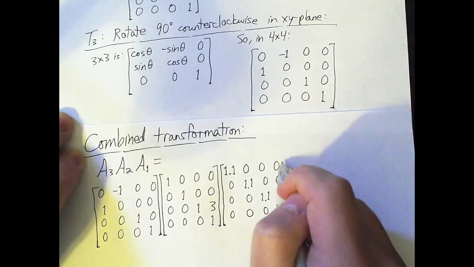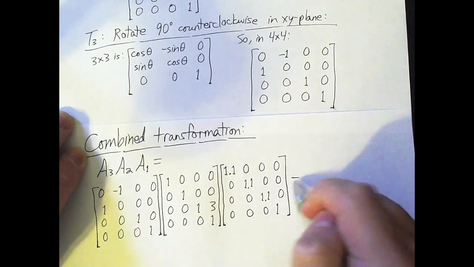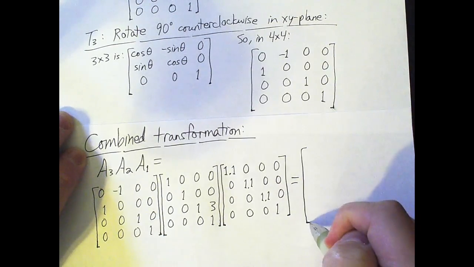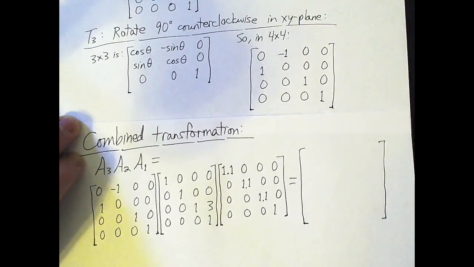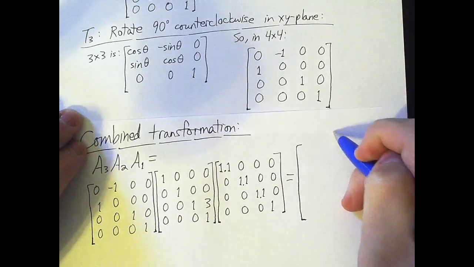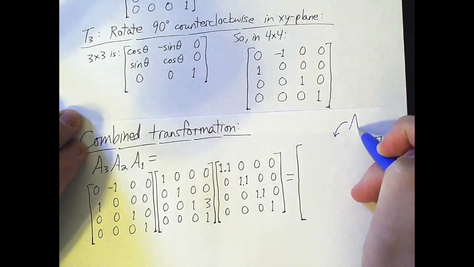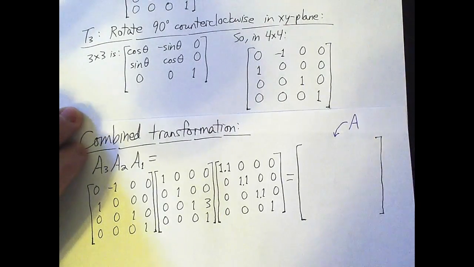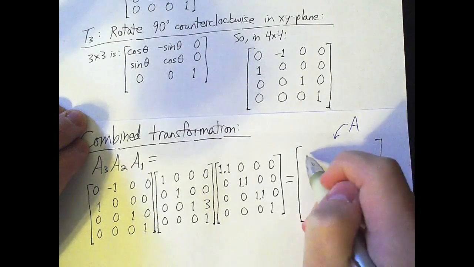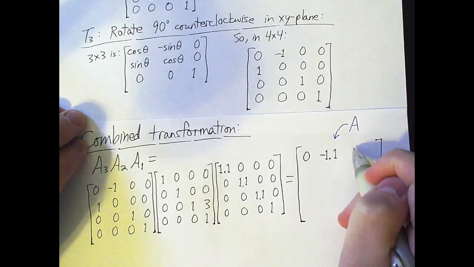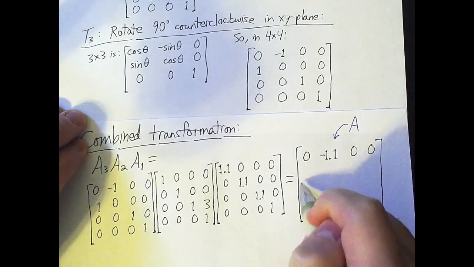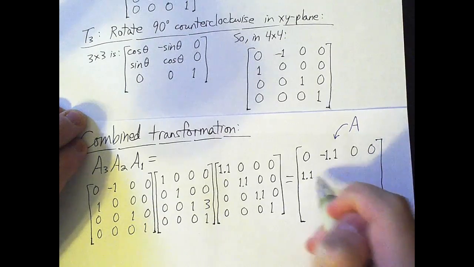All right, these were all of our 4x4 matrices. I multiplied them all out and I get a 4x4 matrix. I'm just going to call it A, the combined transformation.